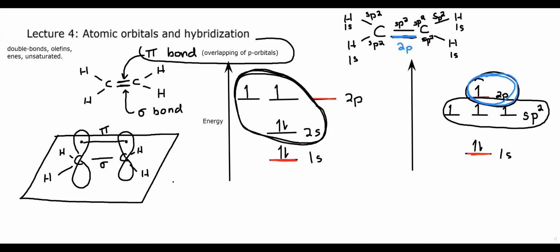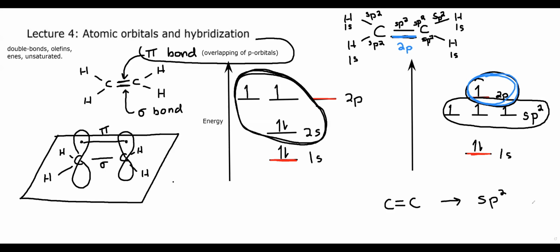What we should definitely remember from this section is that when a carbon has a double bond, it's sp2 hybridized. At least remember that. When we have a CC double bond, that's sp2 hybridized. Why is it sp2 and not sp3?